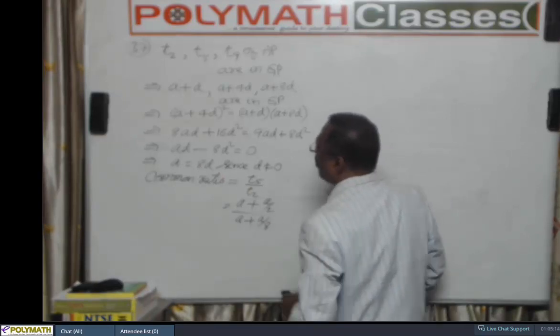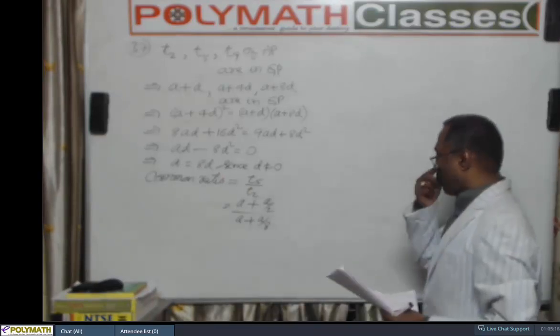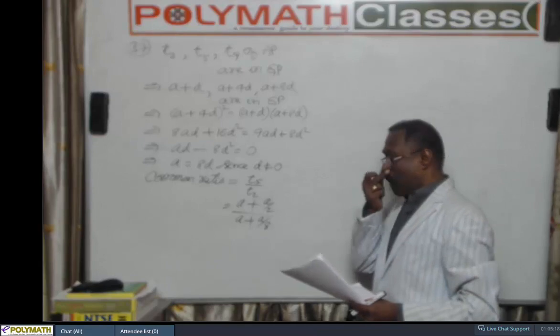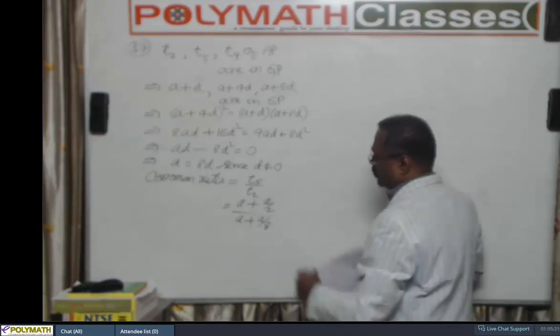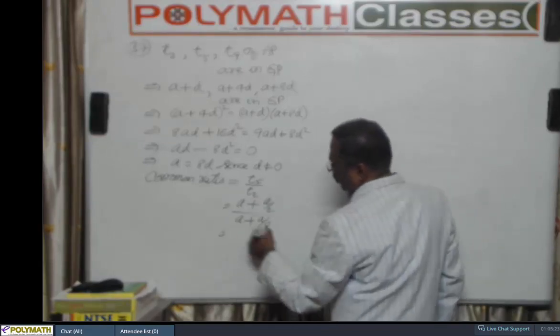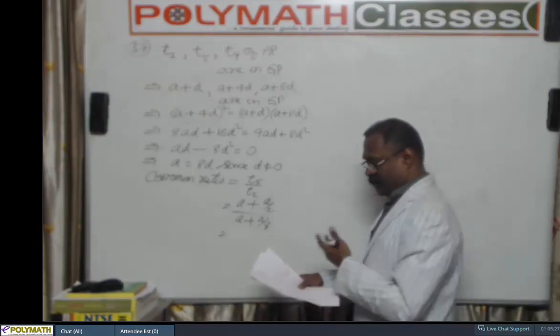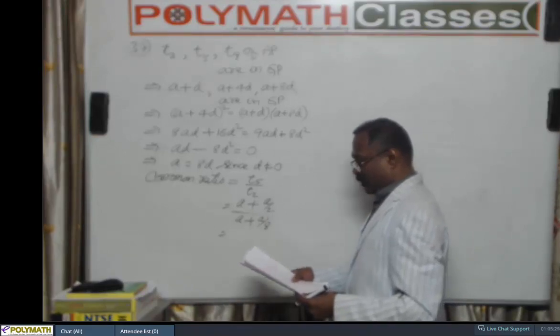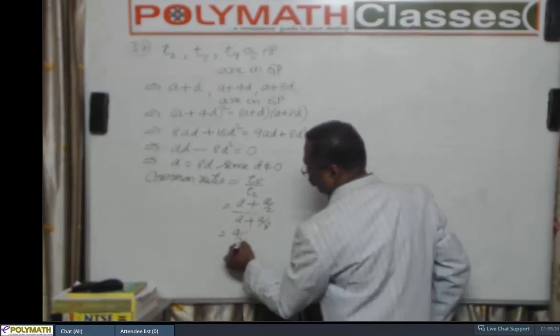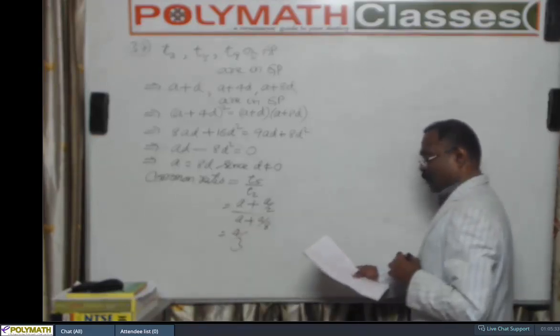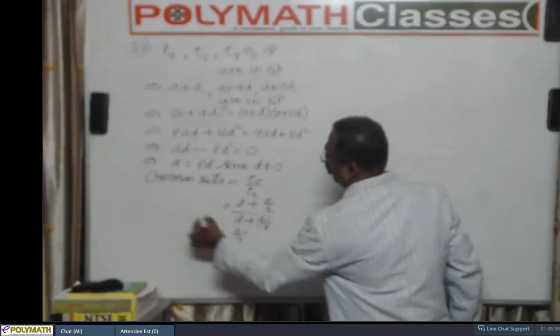If you simplify this, it is 3A by 2 and this is 9A by 8. So if you simplify that, you will be getting 4 by 3 and it is option number 4.